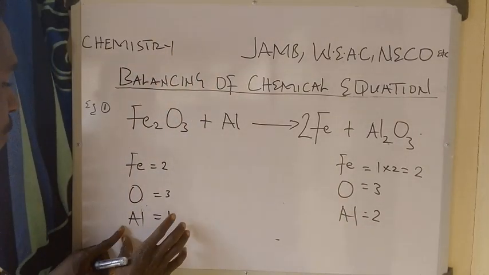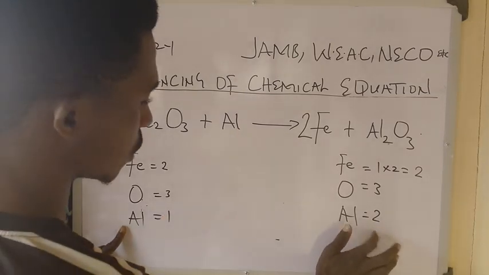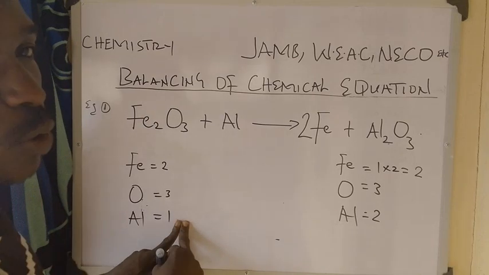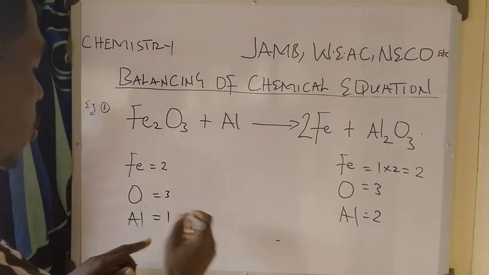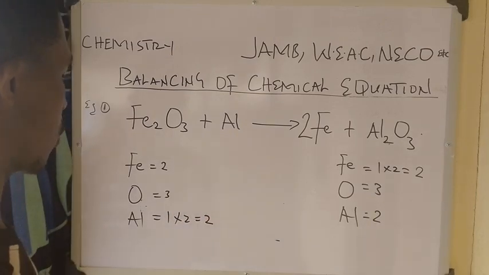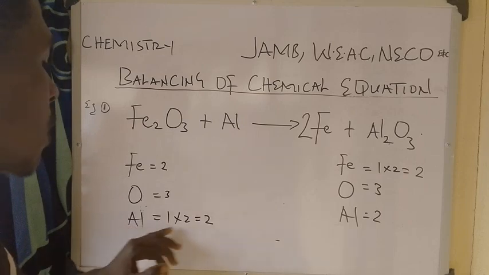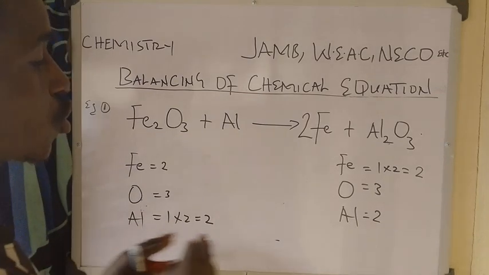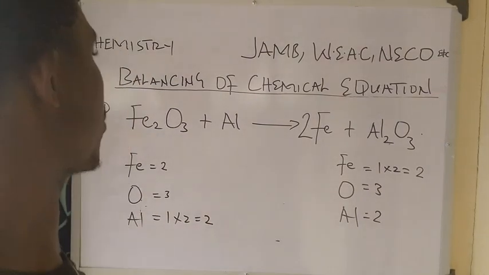So how do I make this one become equal to this one? If I want to make it equal, I multiply this one by 2. So if I multiply this one by 2, I'm having 2 here, right? 2 times 1 is what? 2. So it means the aluminium on this side is equal to the one on this side. Are we getting it?